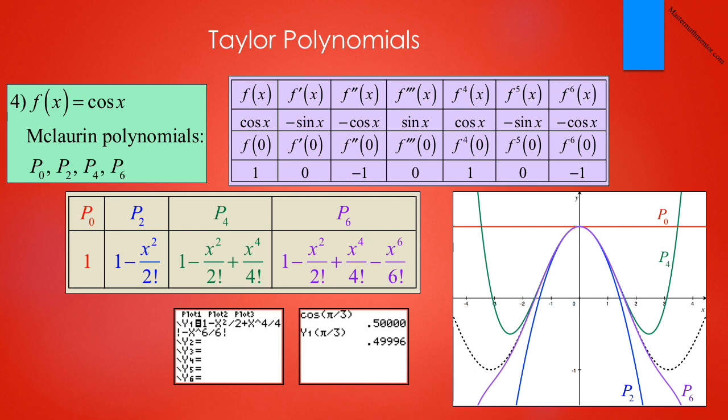Y equals 1 minus x squared over 2 plus x to the fourth over 4 factorial minus x to the sixth over 6 factorial. If we calculate cosine of pi over 3, we know that to be 0.5. Using our P6, we get 0.49996. So using the sixth degree, we have accuracy to 4 decimal places. If you want more accuracy, then up it to P8, P10, P12, etc.